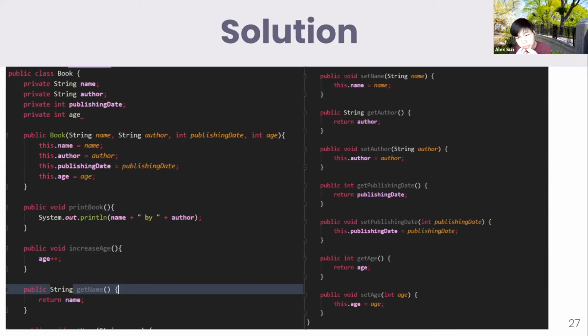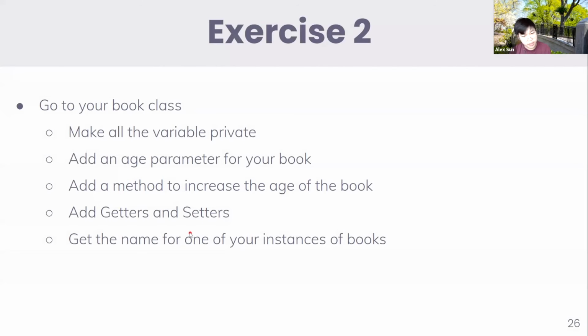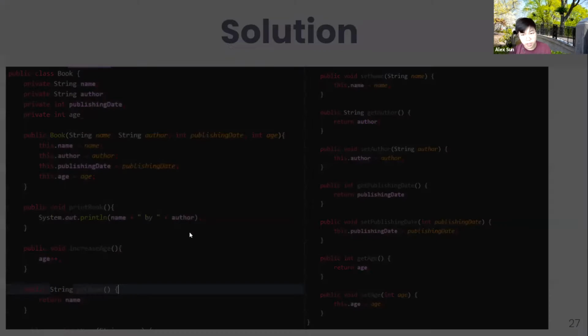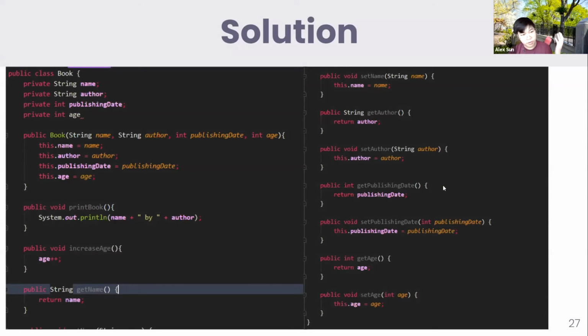Okay, so using the constructor that I created, that we have right here, let's say we make this new Dr. Seuss book, like how we do in chat, right? So how do we get the name for one of our instances of the book, right? So remember how when our variables are not private, when they're public or package private by default, we can just do Dr. Seuss dot name. Something like this.